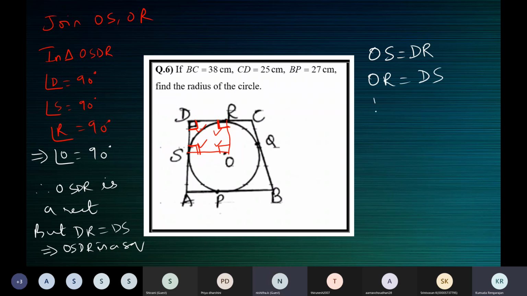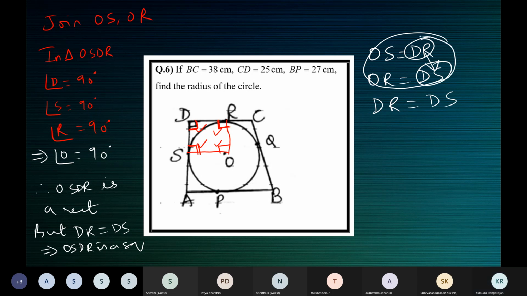Now we have DR is equal to DS. That means all are equal.